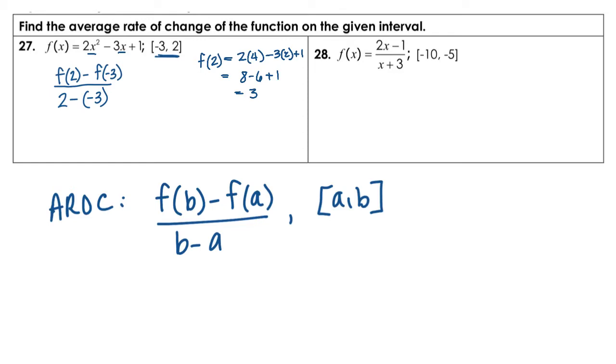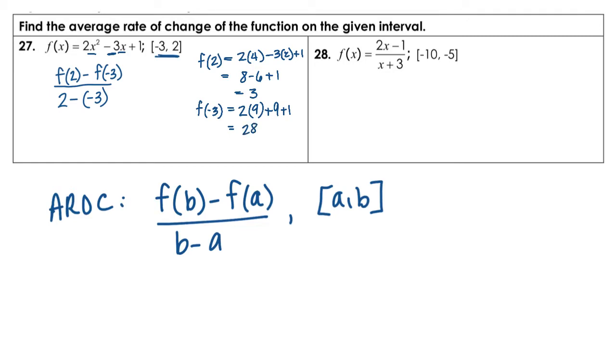Now we need to find f at -3. And if we do that, again, we're going to have 2 times -3 all squared is 9. And then we have minus 3 times minus 3, so plus 9, then plus 1. So we're going to have 18 and 9 is going to be 27 and 1, so 28.